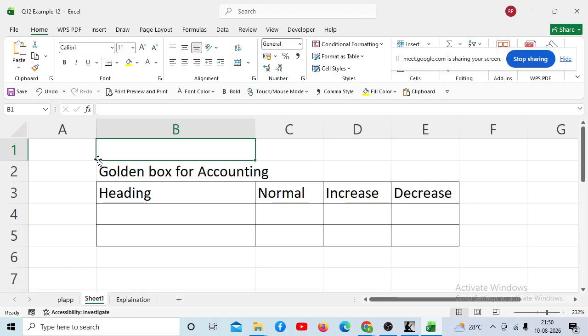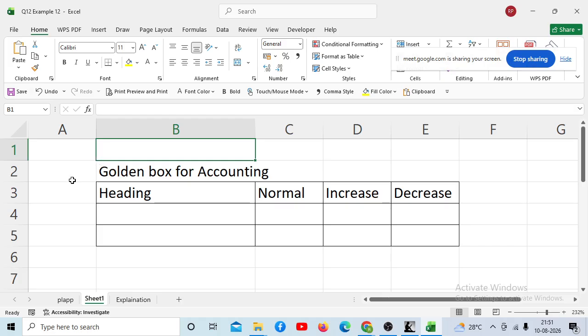No, no. First, draw these columns first. Okay.